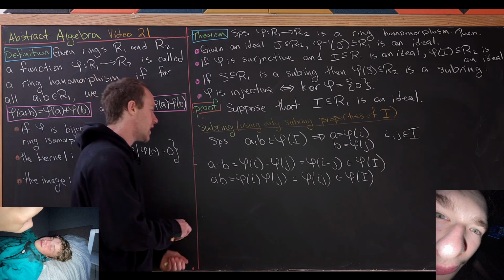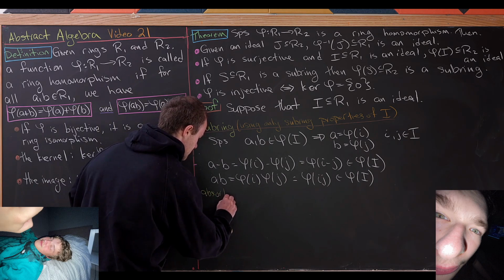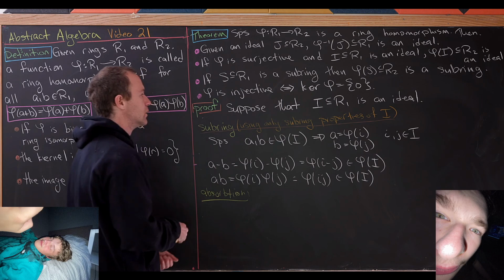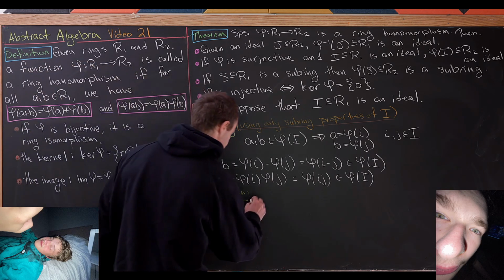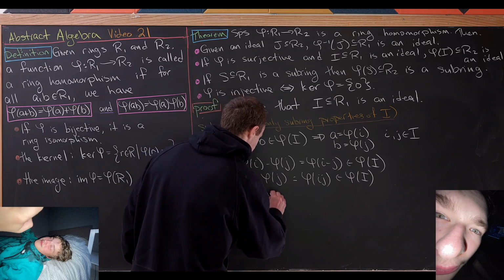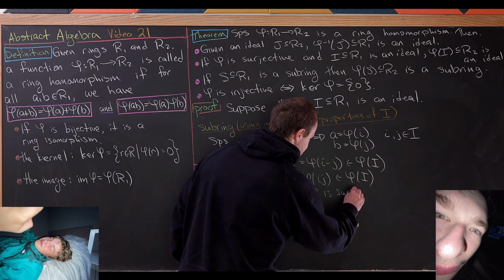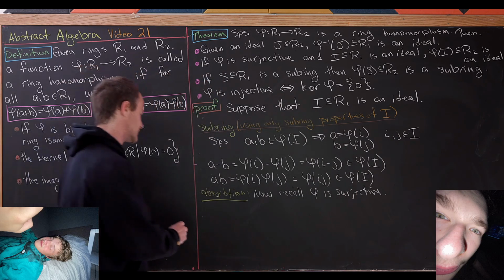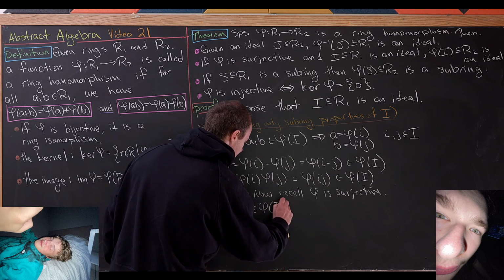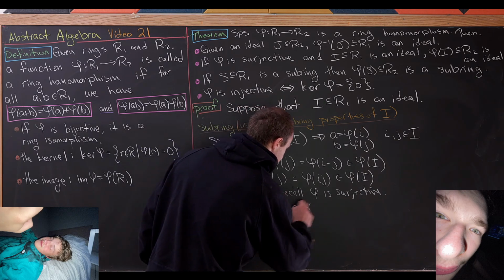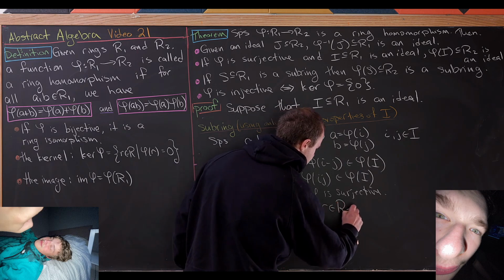Now moving on, let's show that we have the absorption property. In this case, we'll need phi to also be surjective. So recall phi is surjective. Now let's get to it. Let's take an A inside of phi of I and some element little r inside of R2.